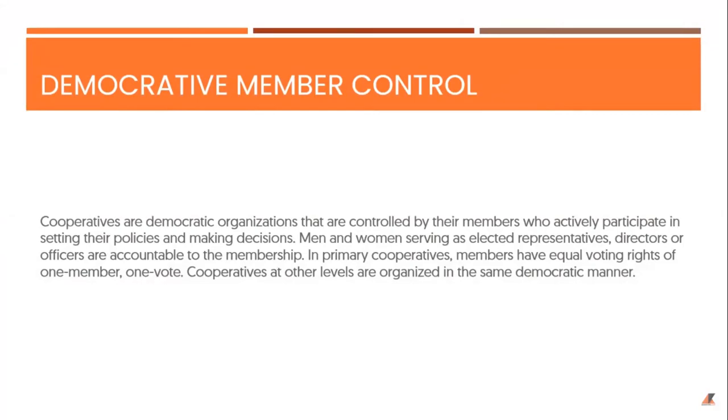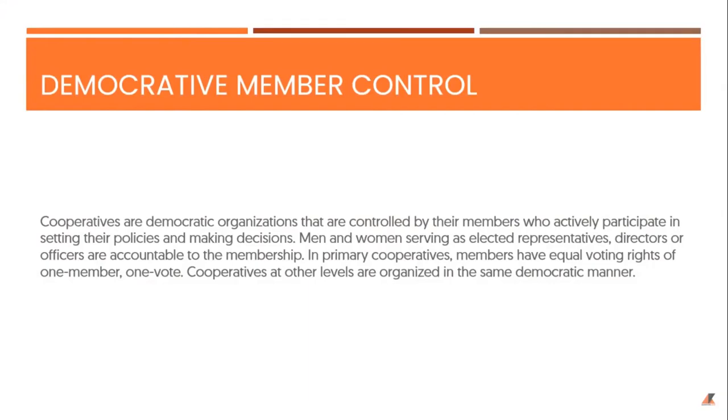So, kung mapapansin nyo, sabi natin, democratic member control, ang pinaka basis ng mga decisions na nagagawa within a cooperative ay through democracy. Ibig sabihin, nagbobotohan. Okay? So, gaya rin ito ng corporation, pero in a corporation kasi, medyo iba po yun.